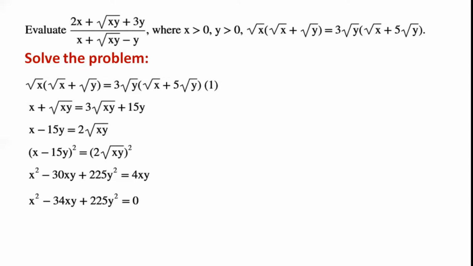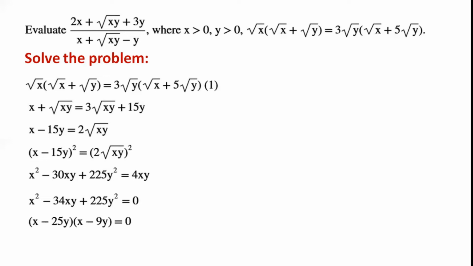By rearranging the equation, we have x² − 34xy + 225y² equals 0.